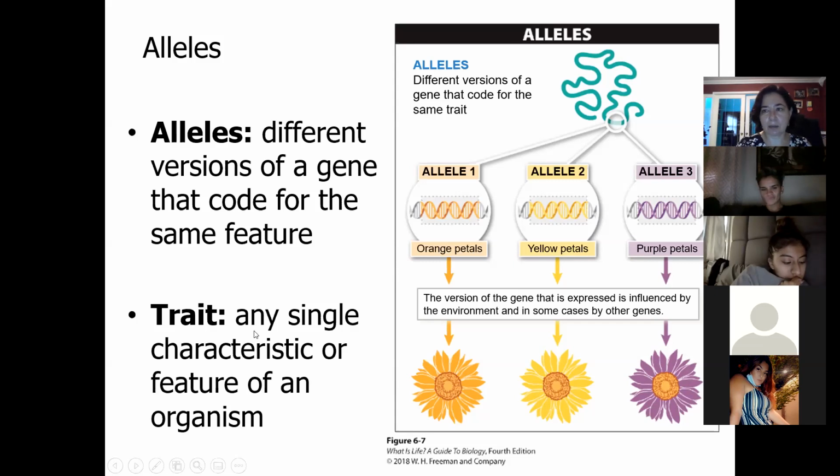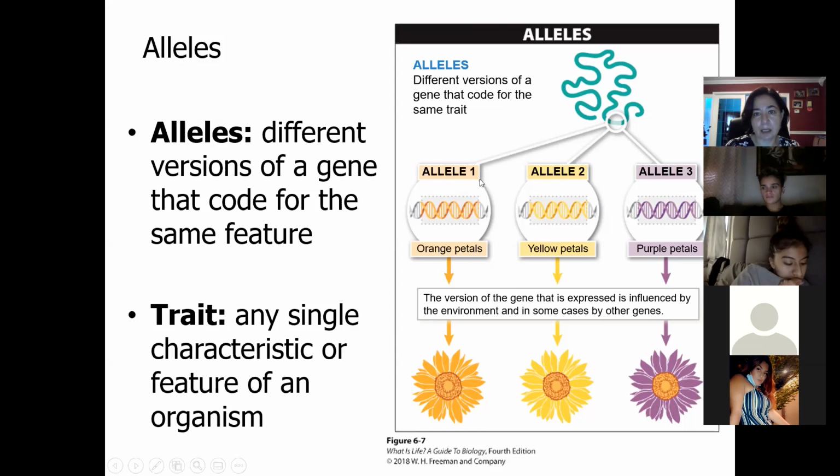A trait is a version of a characteristic. So a trait can be round nails, oval nails, curly hair, straight hair. These are traits, and that's what you pretty much inherit from your parents. You inherit different traits, or you can say you inherit different versions of the gene. A different version of the gene that codes for the same trait is called an allele, right?